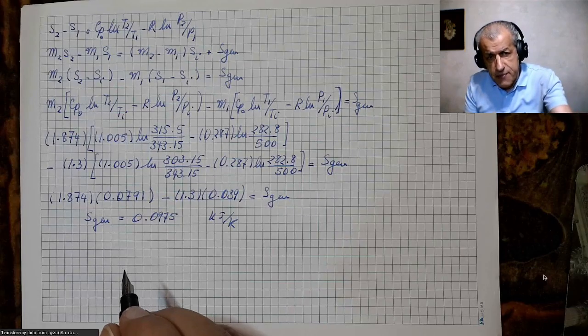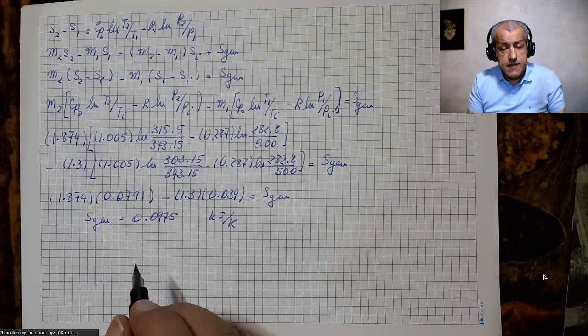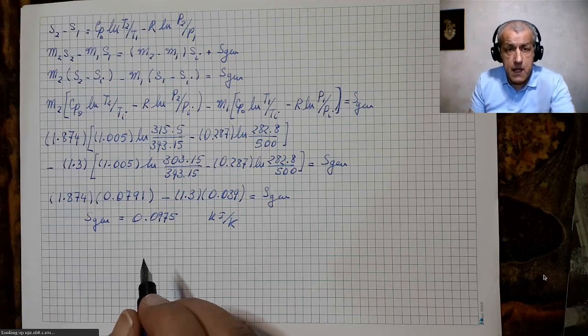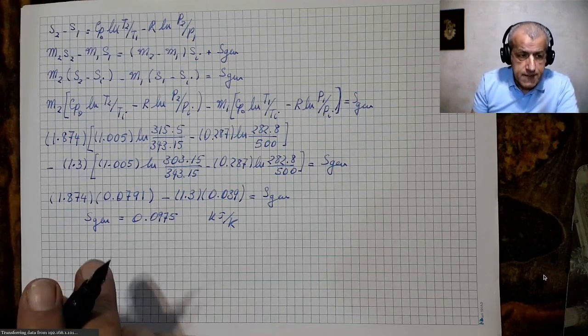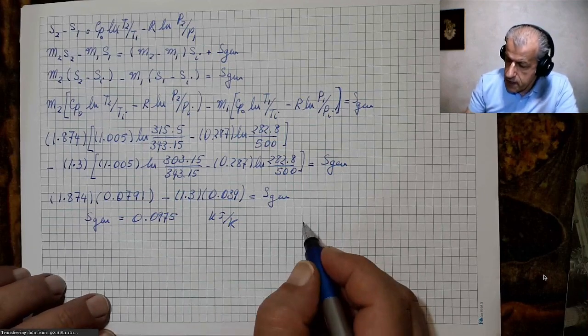The final step that we should take, and we always do, is to draw the TS diagram. That has a lot to teach us. I draw the TS diagram here.